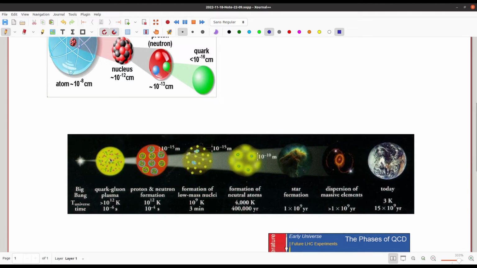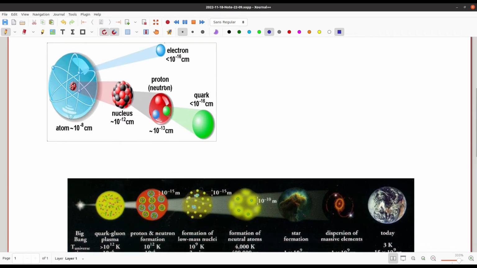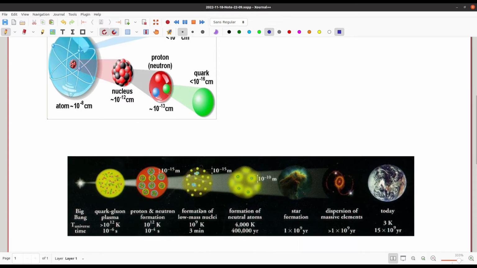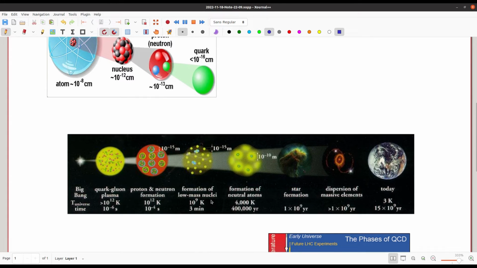So now the quarks and gluons in the free state will start combining. That will make either baryons or mesons. Here they say that the formation of protons and neutrons takes place. Then protons and neutrons combine, and that makes a nucleus, forming low mass nuclei.